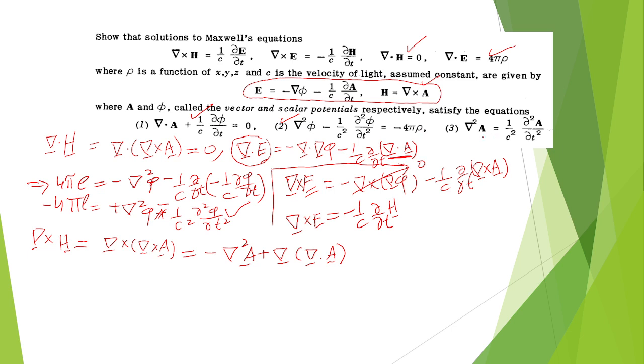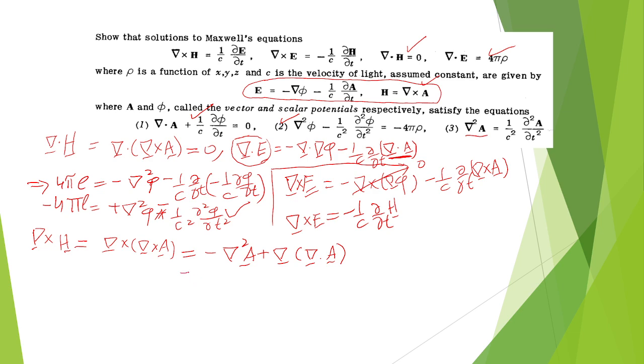We see that the value of nabla square A is 1 over c square partial square A partial t square. So I will put this value in.